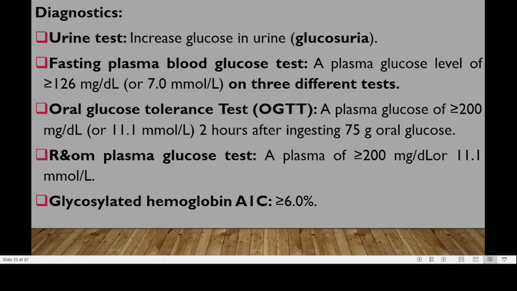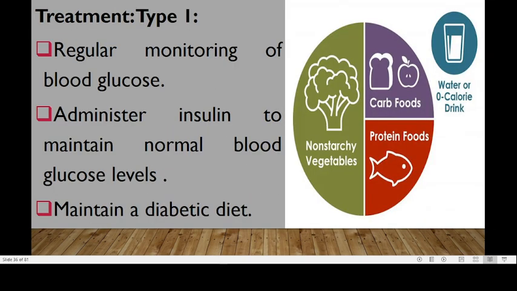Also, a random plasma glucose test showing a level of 200 milligrams per deciliter or more, or 11.1, is also suggestive of DM. And lastly, glycosylated hemoglobin A1C of more than or equal to 6% is also suggestive of DM.